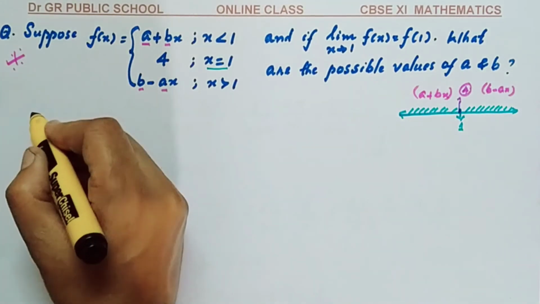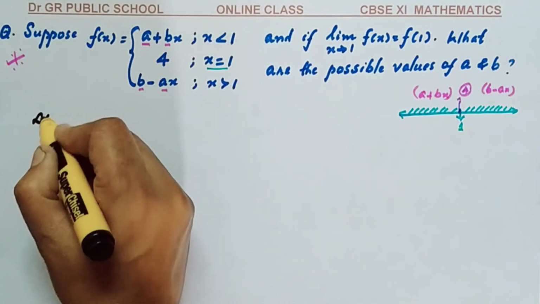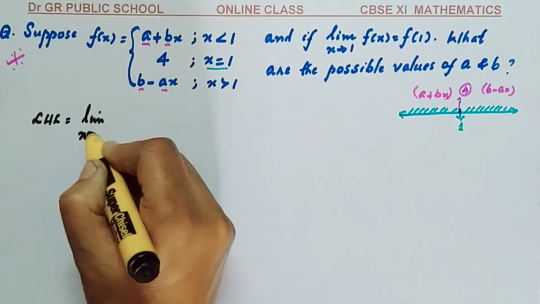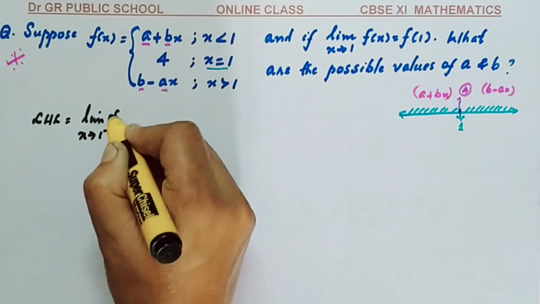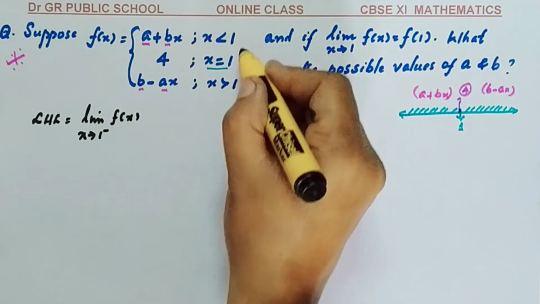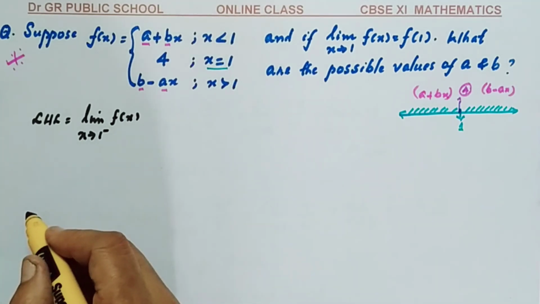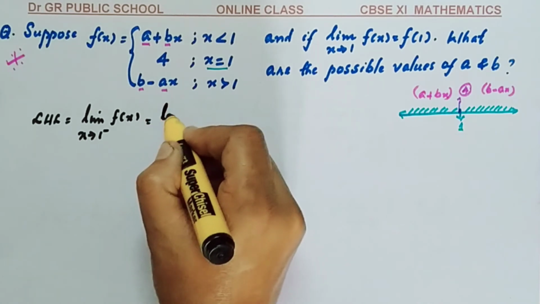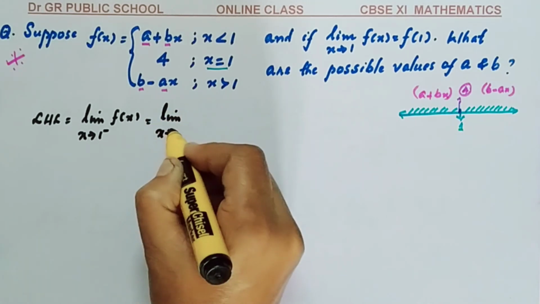At first, we can find the LHL, the left hand limit, which equals the limit as x tends to 1 minus of f(x). Why? Because 1 is the critical point here. So take the LHL for the point 1.